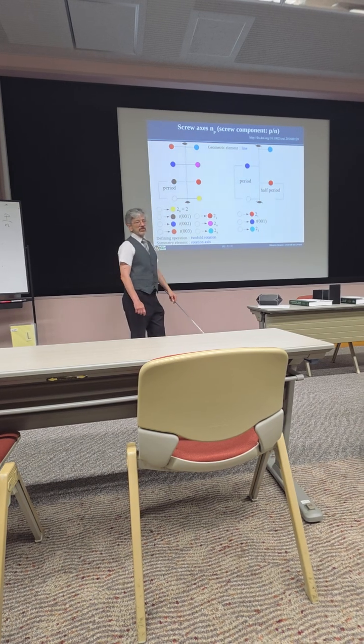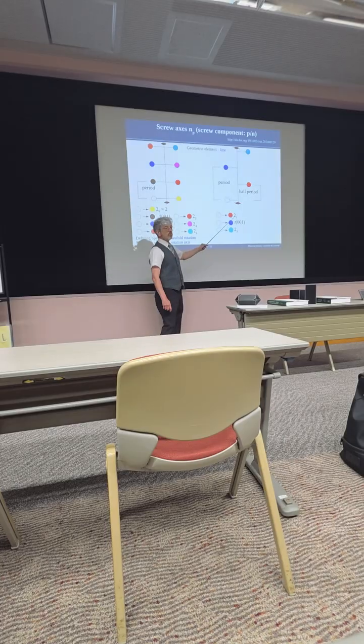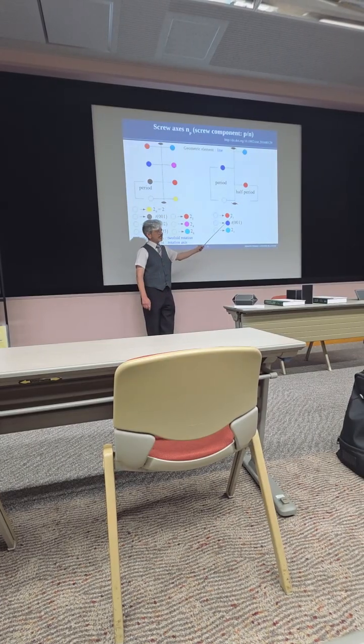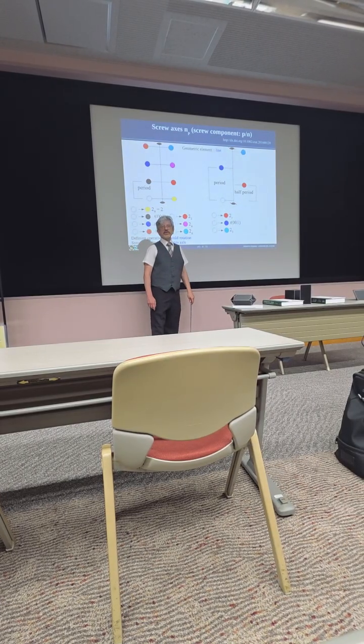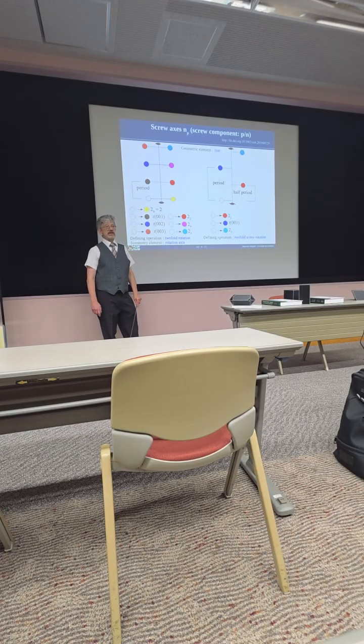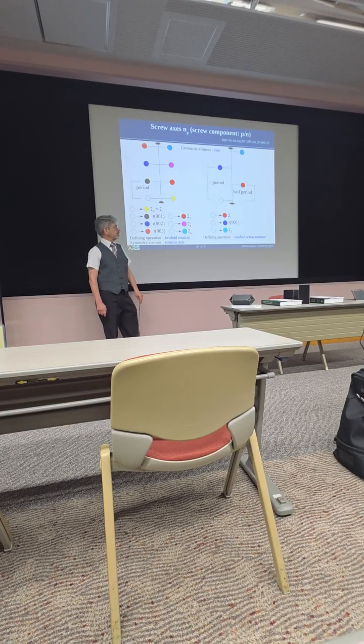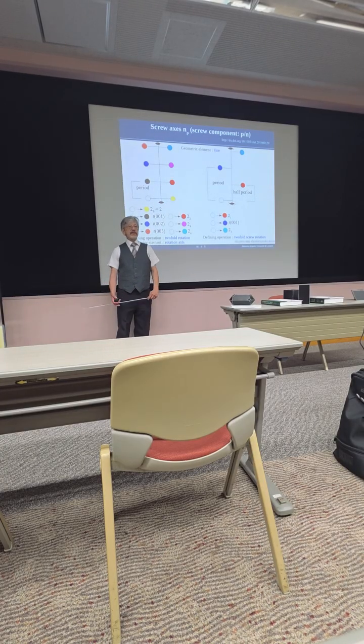Among all these operations, the one that has the shortest positive translational component is 2, 1. So this is the defining operation, which is itself a screw rotation. Therefore, we call this axis a screw axis.